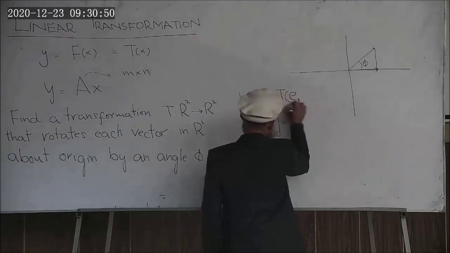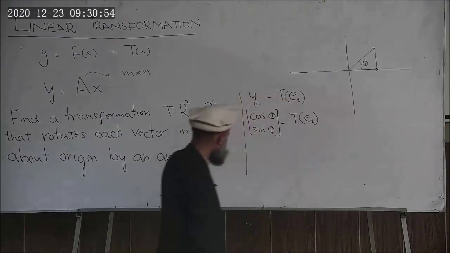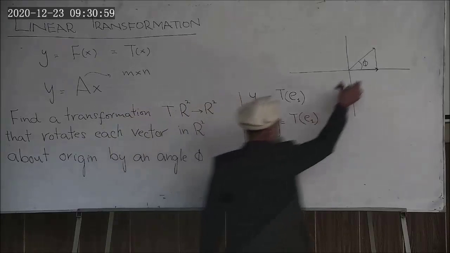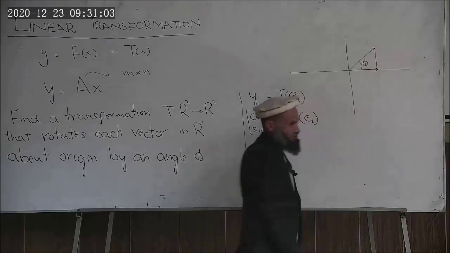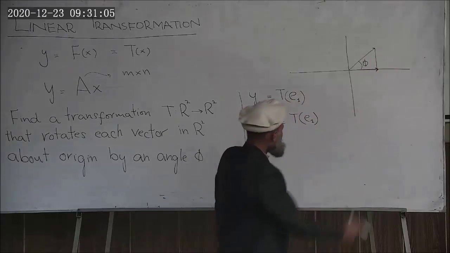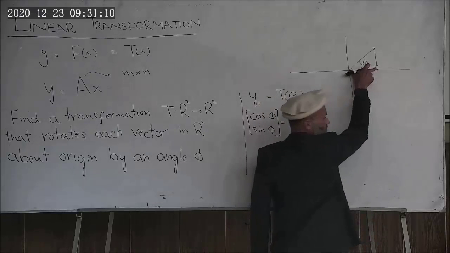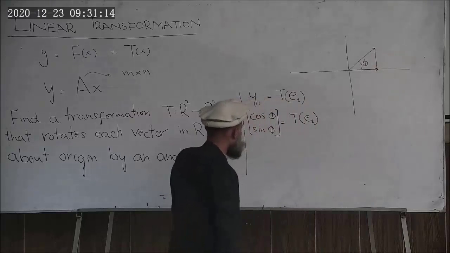So T of E1, T into E1, whatever notation you like. This transformed vector has horizontal component cosine of phi and vertical component sine of phi.